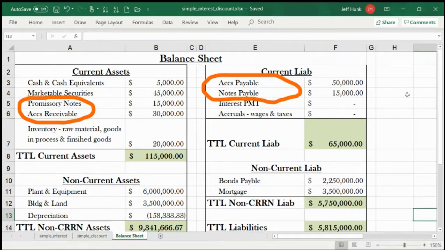From the buyer's side, the issuer of the promissory note, it's part of notes payable, basically part of the accounts payable. Okay.